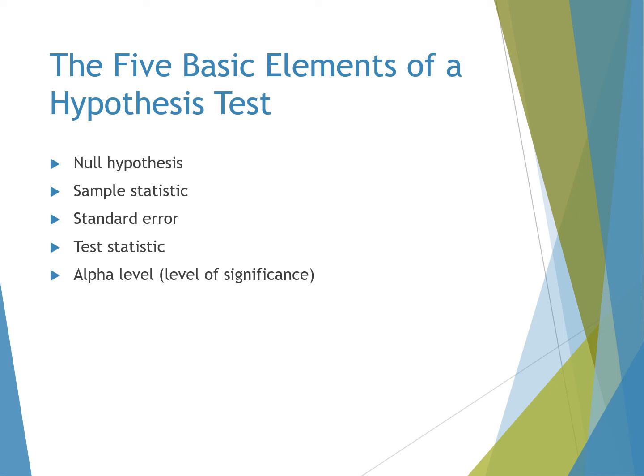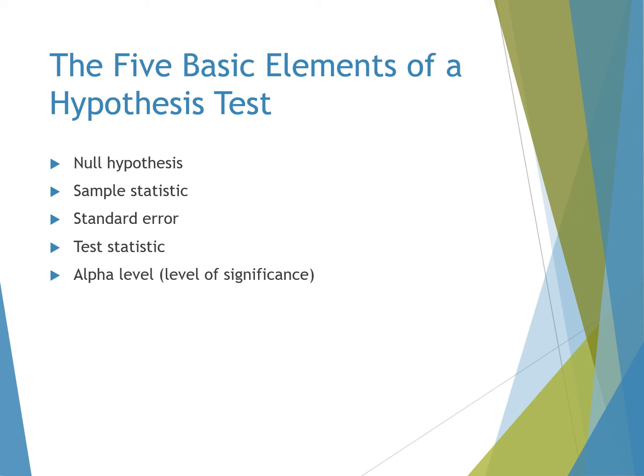Another component is the sample statistic. This is the value of the statistic for the sample. If we are comparing 2 means, we're really interested in the population means, but we compute the sample means. The value for the population is the parameter. The statistic is the value for your sample. Another important component is the standard error.